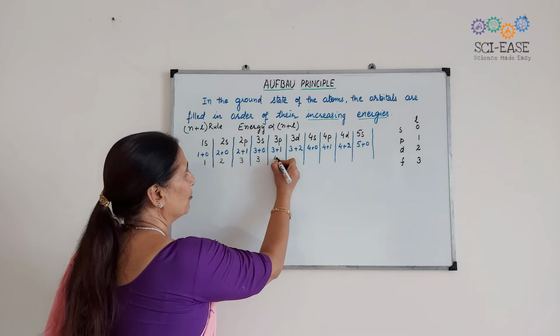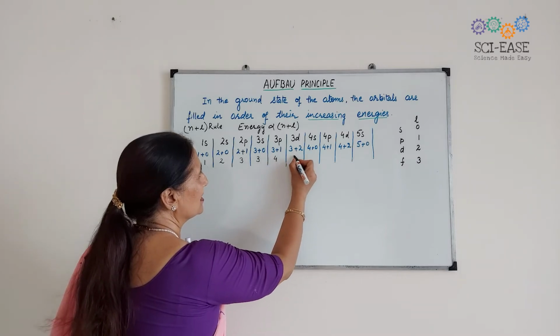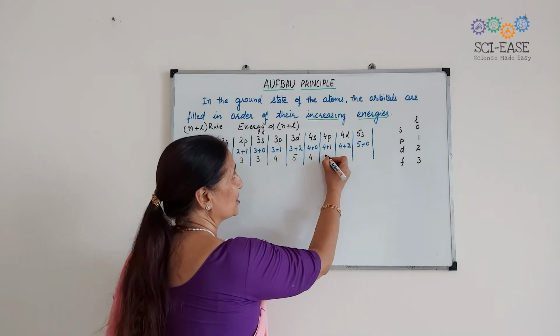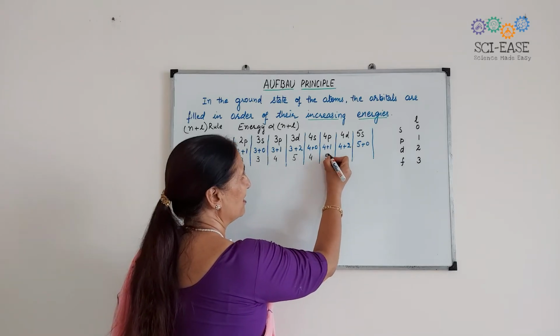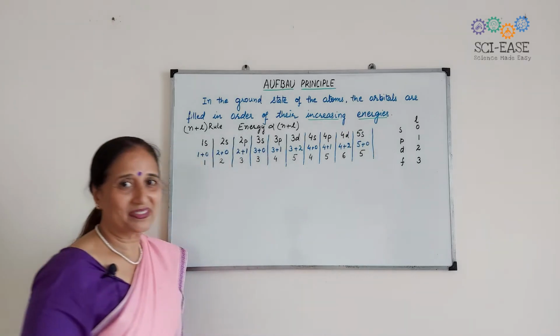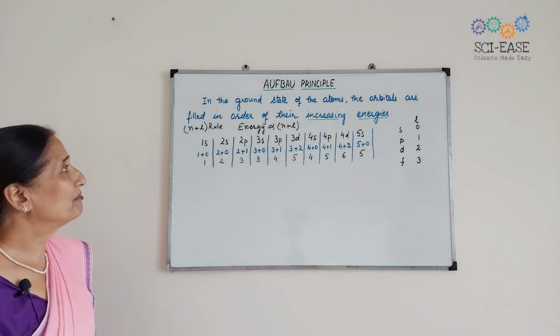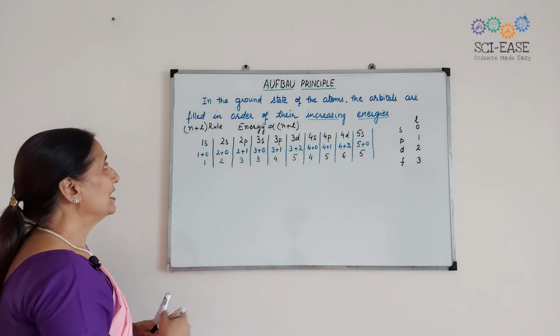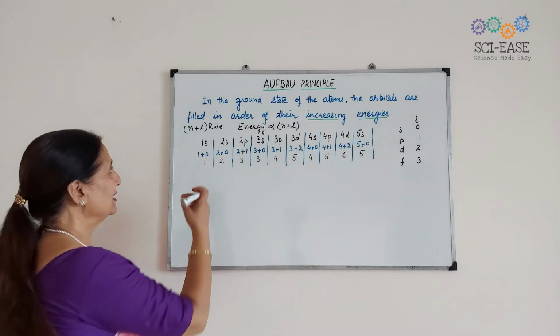This is 4. This is 5. Again 4. So here 5, here 6, and here 5. So which one of all these orbitals has the lowest energy? That is 1s.